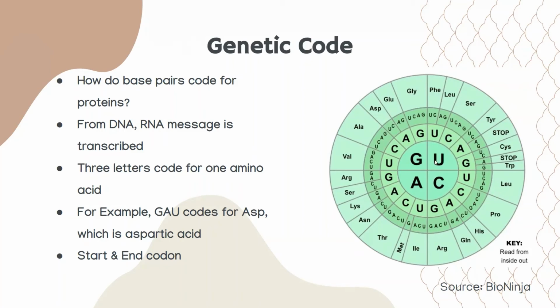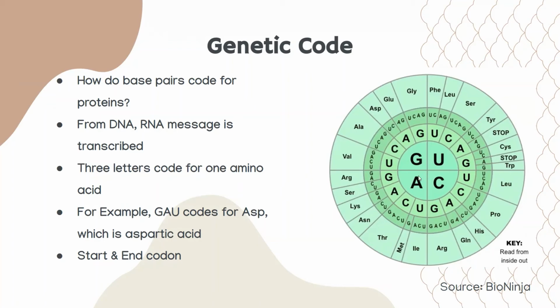Another example: UGA doesn't code for a specific amino acid, it codes for a stop codon. And another example, GAU codes for aspartic acid.